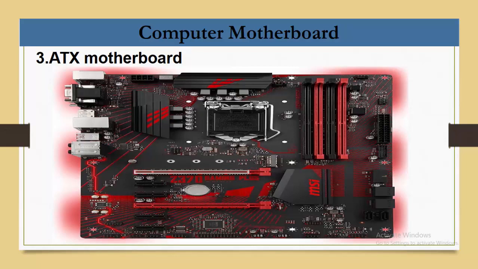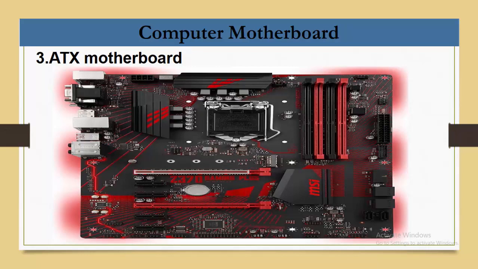Okay, students. Also, here's a question: why is an ATX motherboard used? An ATX motherboard provides almost every feature which an enthusiast may need, including overclocking, a lot of storage support, high-end CPUs, more memory, better cooling, and so on.